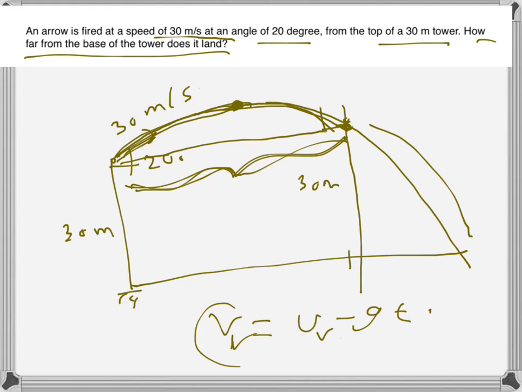So to find the distance from here to here, we have to just use s = vt. So v will be the horizontal component of the velocity. The horizontal component stays the same, so 30 cos 20 degrees, times the time it takes, that will be t2.